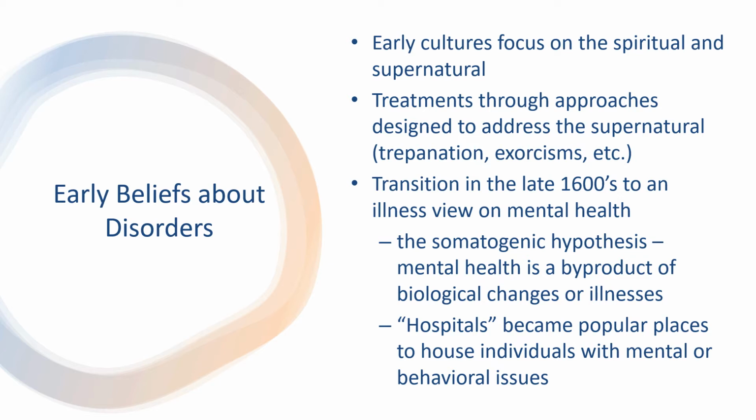Eventually, in the late 1600s, a concept called the somatogenic hypothesis started to be pushed around all of Europe and in some of the neighboring countries that had European influence, that surmised that mental health was not really linked to spiritual or supernatural factors, but instead it was a byproduct of these things that we had just discovered called germs and illnesses that those germs and other things carried.